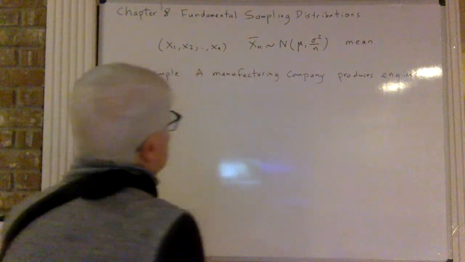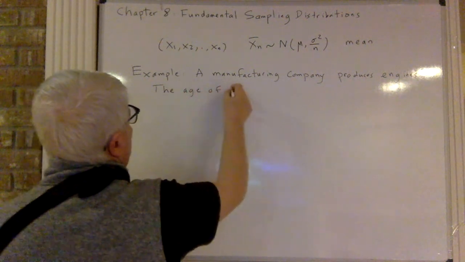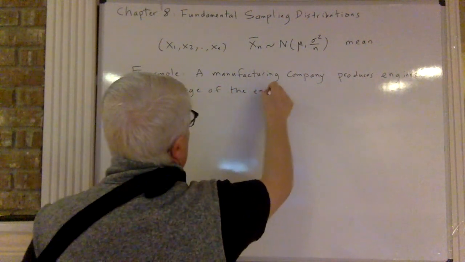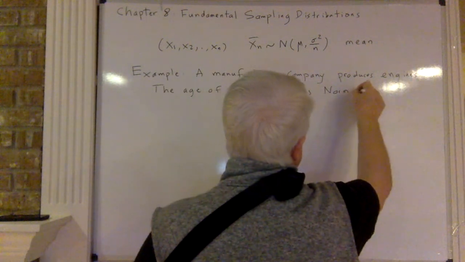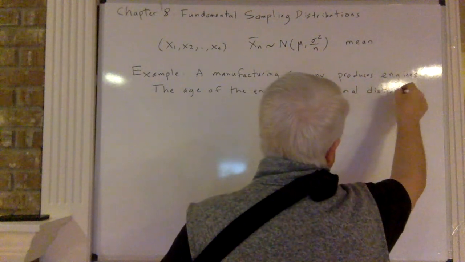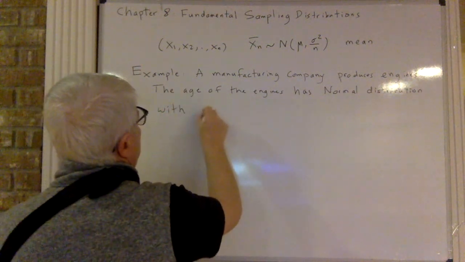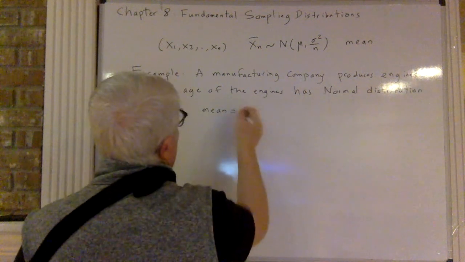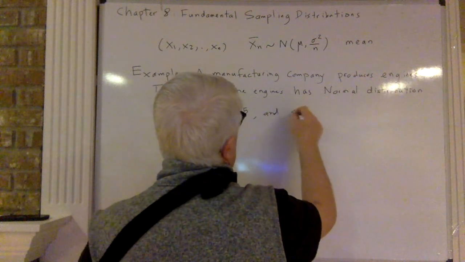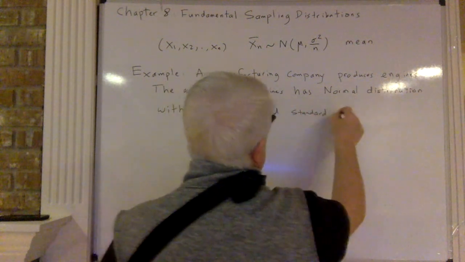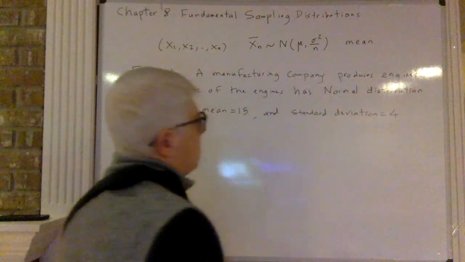The age of the engines has a normal distribution with mean, say, 15 and standard deviation 4.